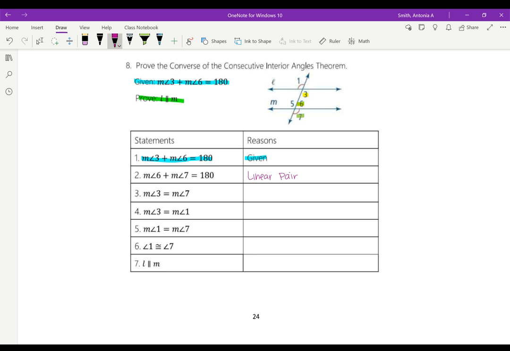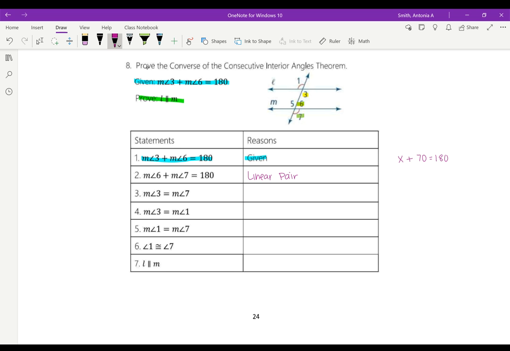Let's say that angle 3 is x and angle 6 is y. Or even better, let's say that angle 6 we actually know is 70. We don't know what angle 3 is, but let's say angle 6 is 70, and these two add up to 180. That's this first statement.